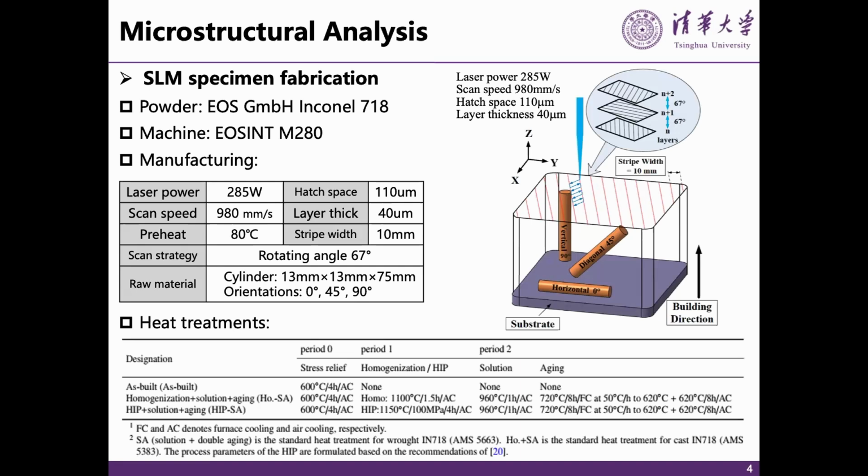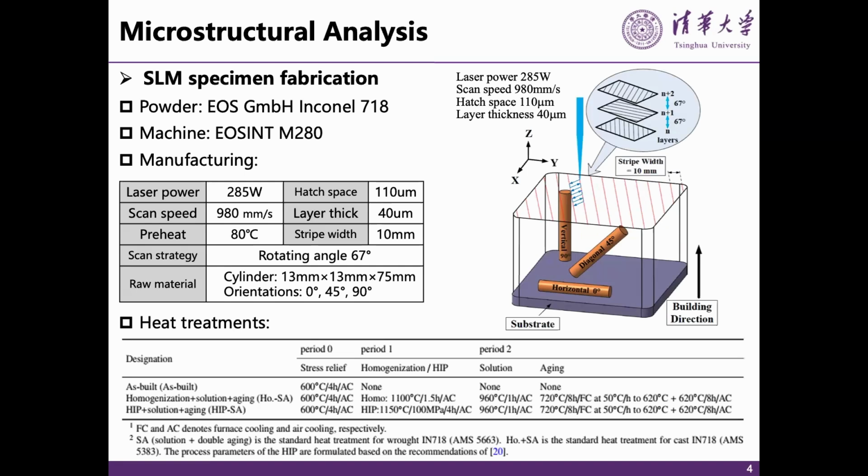Therefore, we do not try to optimize the print strategy. And also for heat treatment, we use the standard heat treatment procedure for Inconel 718. There is also a standard for Inconel 718 on how to heat treat. And originally we introduced a standard HIP. Therefore we have three different states.